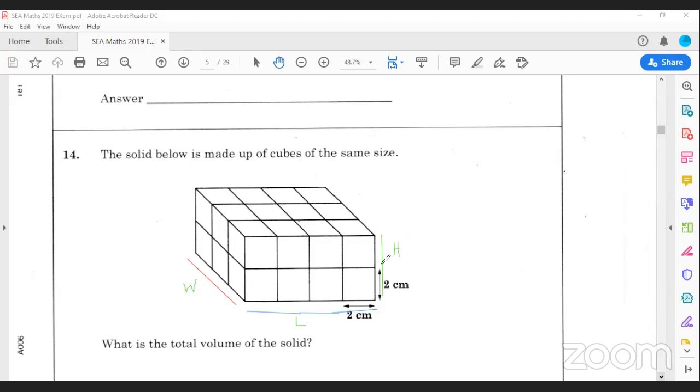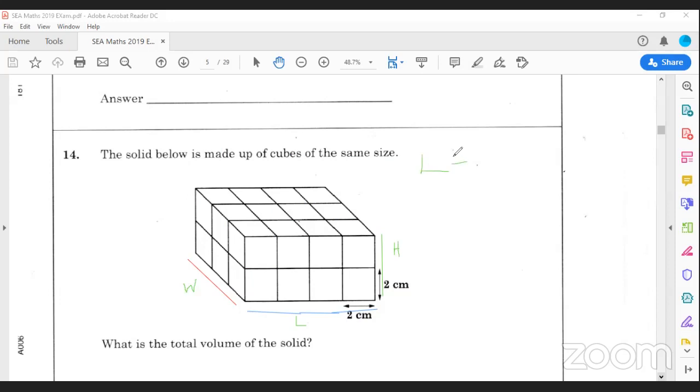All right, so let's work it out. How am I going to get the length? What is the length going to be? As I can see here, from here to here is 270 meters. So to get the length, how many cubes do I have? I have 4. So I'm going to work out each one.